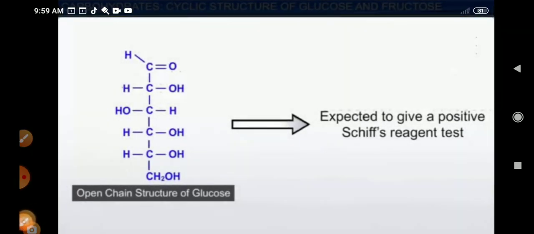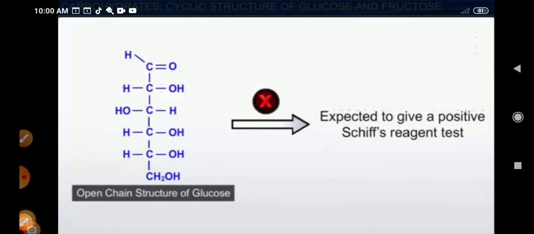So this molecule, the open chain structure of glucose, is expected to give a positive Schiff's test, but it does not give Schiff's test. Schiff's test is a test used for identifying functional groups like aldehyde. Even though the open chain structure of glucose has an aldehyde group, it still does not give Schiff's test.